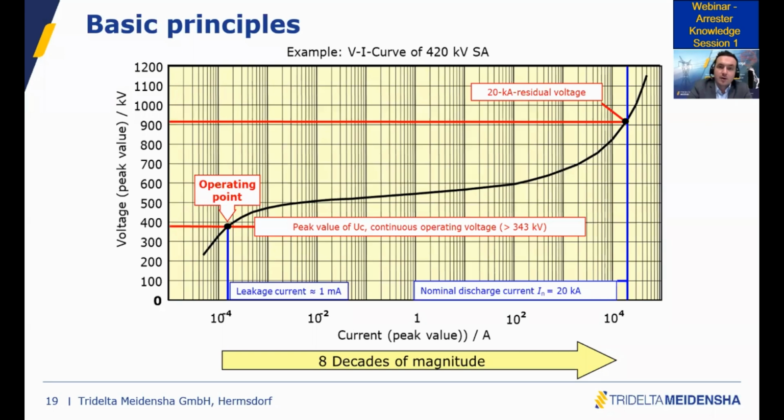So if you want to increase the TOV capability of the surge arrestor, you need more MOV blocks. More blocks means putting the curve higher, moving up the curve. So if you increase the TOV capability, you increase the residual voltage. So this is always the big challenge.